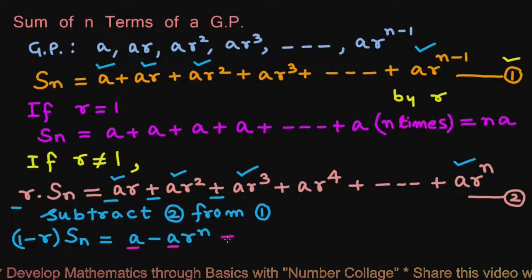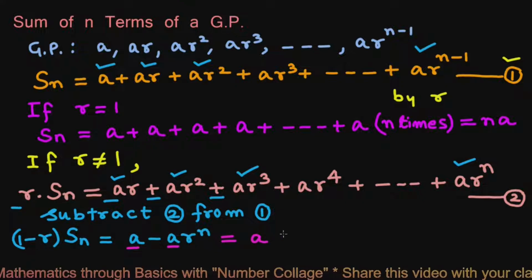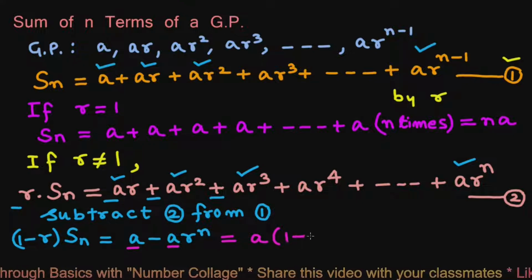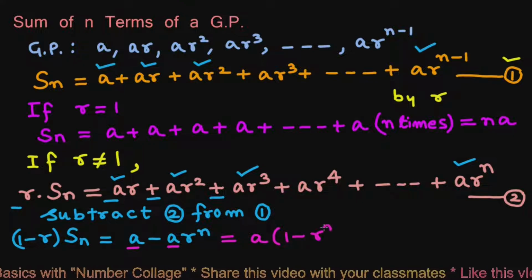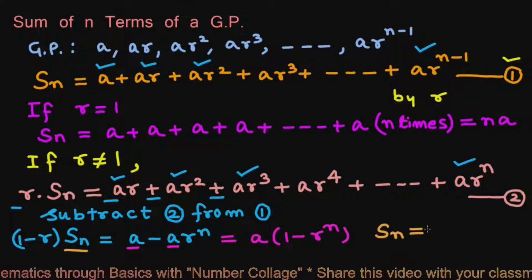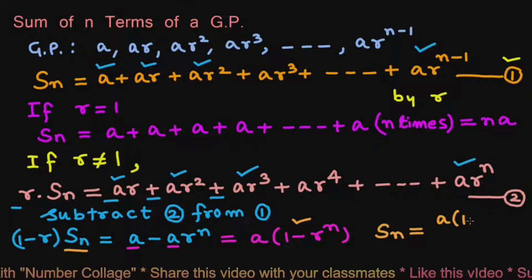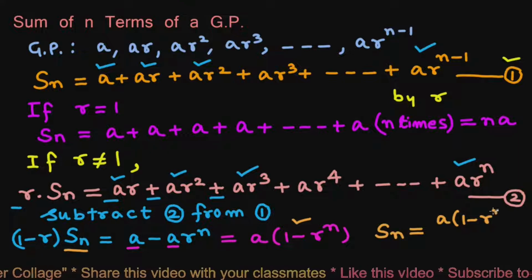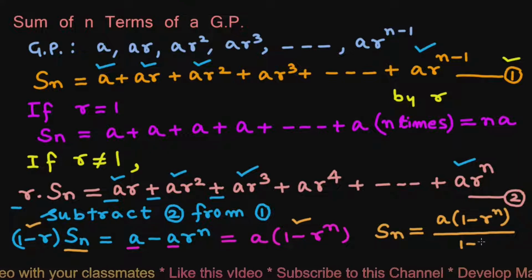Taking A as common factor, we write this as A into 1 minus R power n. That finally gives us Sn equals A into 1 minus R power n upon 1 minus R.